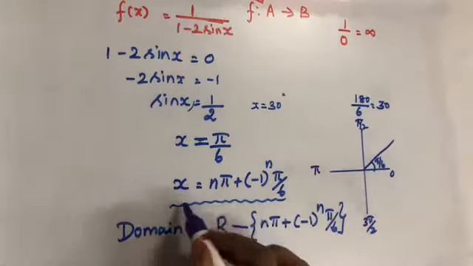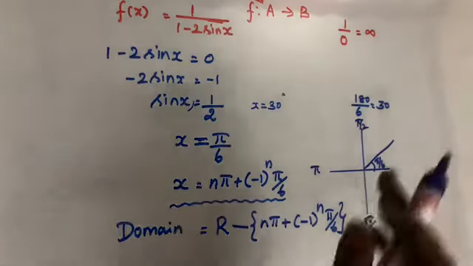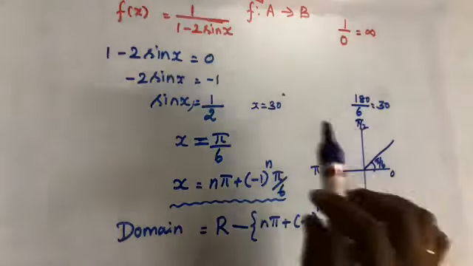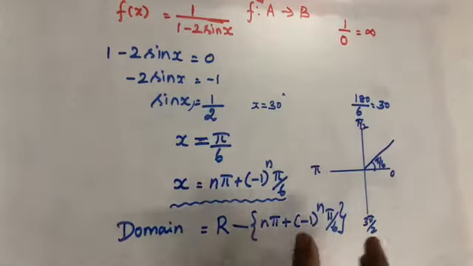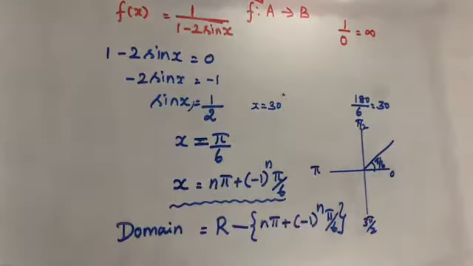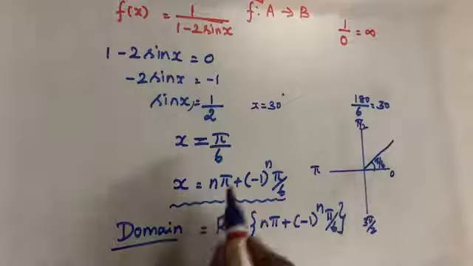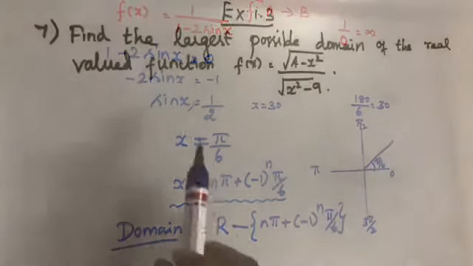Because for this value the denominator is 0. For rational functions, the denominator should not be equal to 0. So we are removing this particular value of x. This is the answer. This is the domain of the function 1 divided by 1 minus 2 sin x.